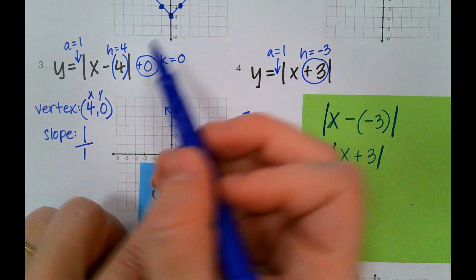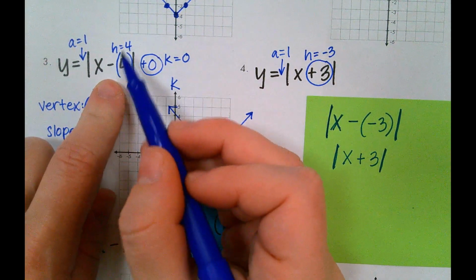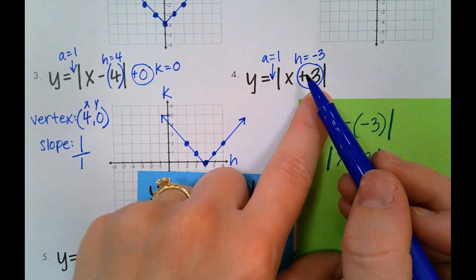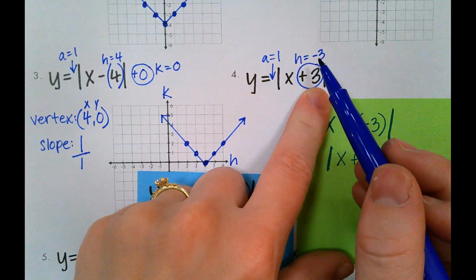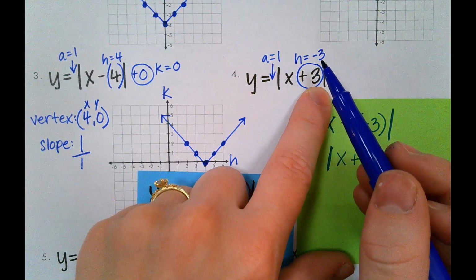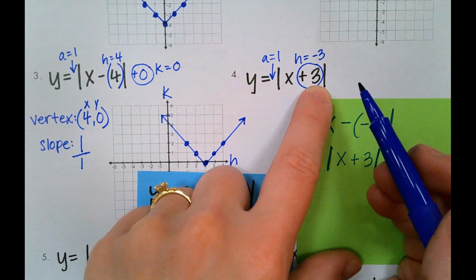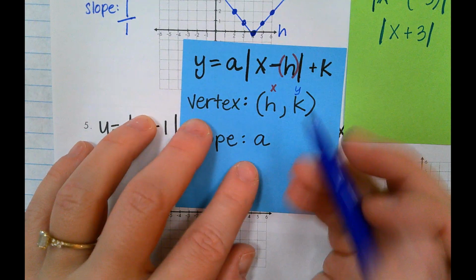So if it is -4 right here for number 3, we said h was +4. Over here, we have +3 inside, so we did the opposite and said h is -3. Okay, so h is opposite.